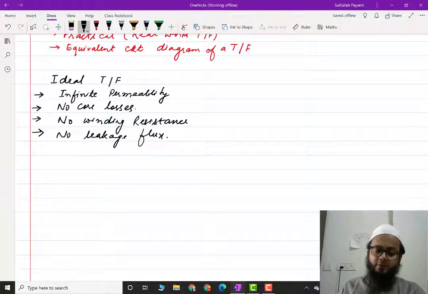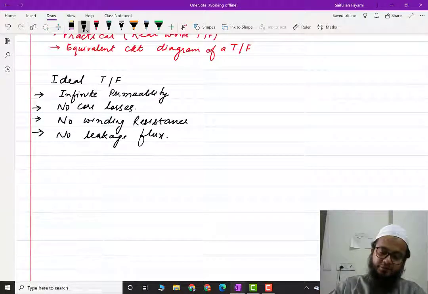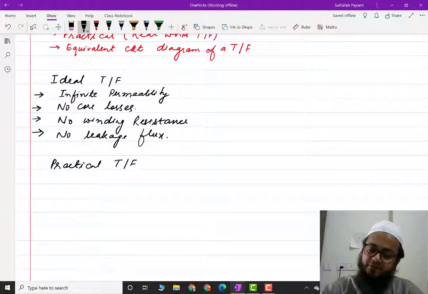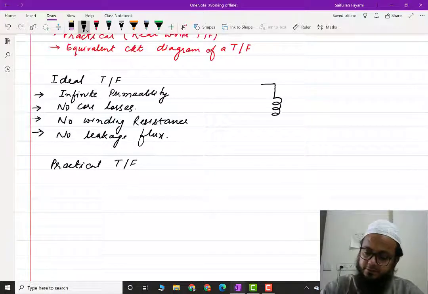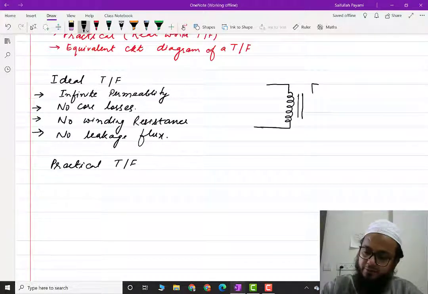Okay, so for the practical transformer, the ideal transformer was represented by this circuit, primary winding and the secondary winding.